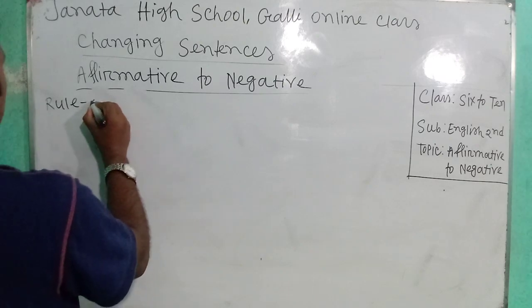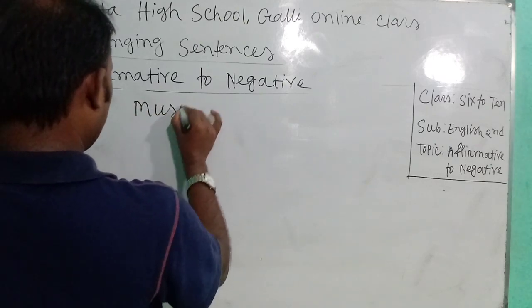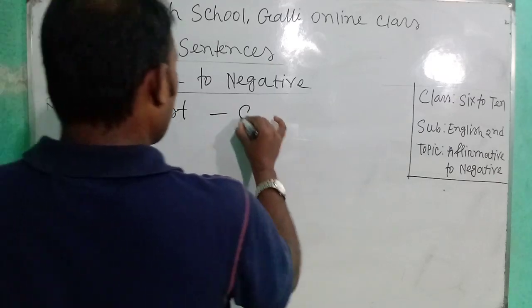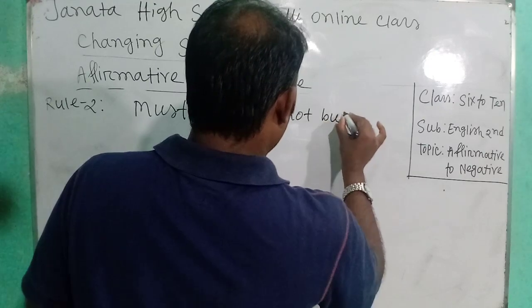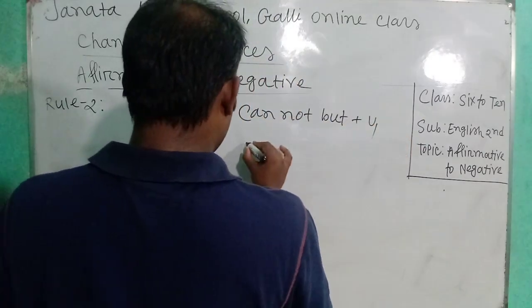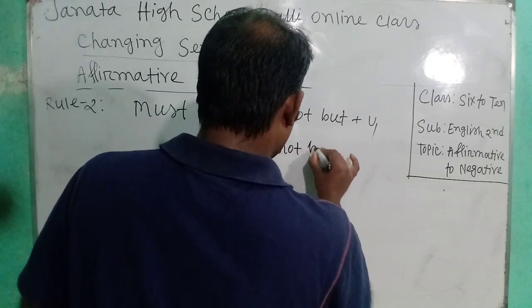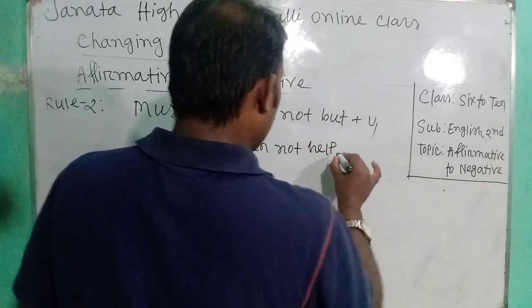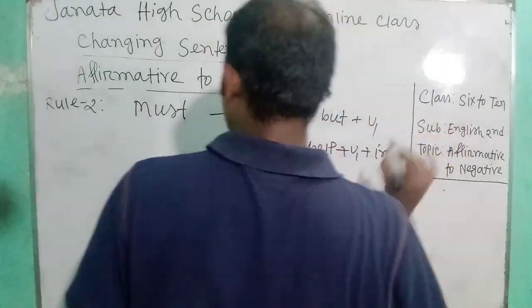Rule 2: must becomes cannot but plus verb 1, or cannot help plus verb 1 plus ing.